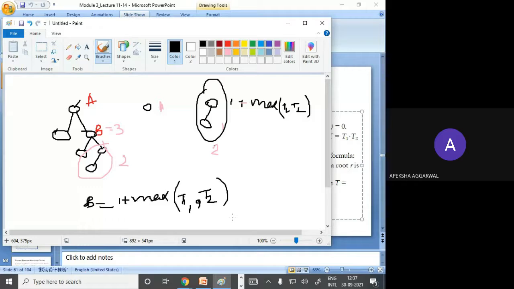And what is T1? Which node is T1? C, D, E, okay, and F. I have given numbers to the nodes. So for B, which node is T1? D node is T1, right? The left subtree of B. And the right subtree of B is EF.